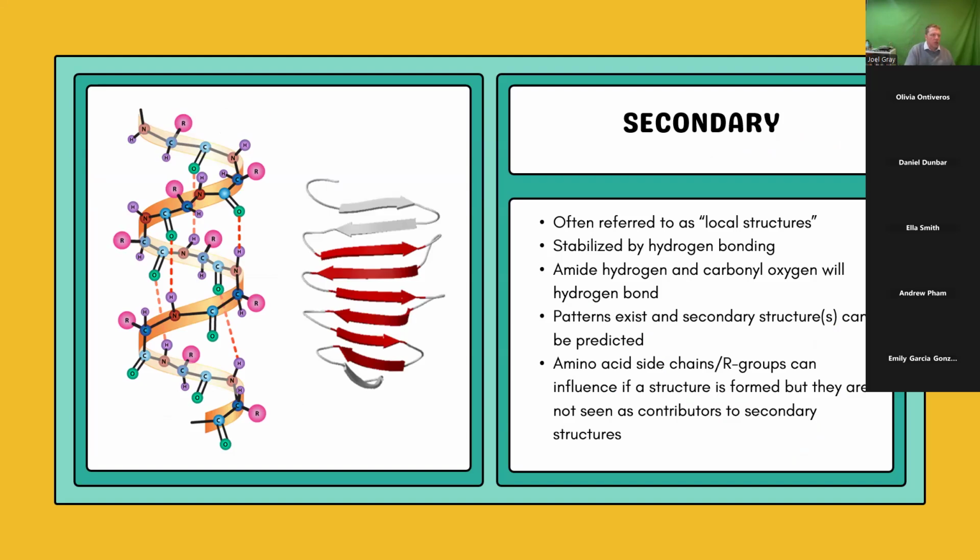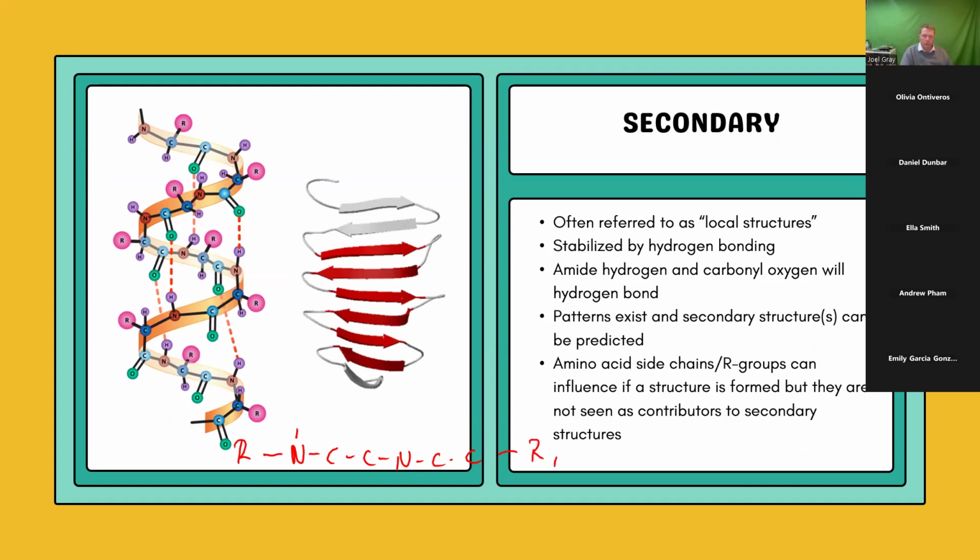So when you think about a peptide, and I'm going to draw a simple peptide down here, NCC, NCC. This says amide hydrogen and carbonyl oxygen will hydrogen bond. Well, let's think about the N termini. And I'll go ahead and make this an R group, and this would be an R sub 1.